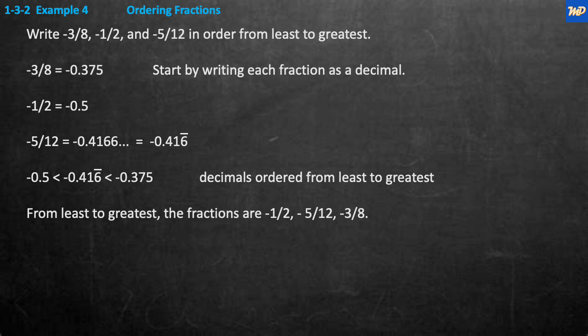So negative 0.5 is less than negative 0.41666 continuously, and that's less than negative 0.375. From least to greatest, the fractions are negative 1/2, negative 5/12, and then negative 3/8.